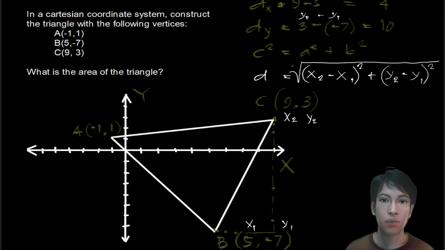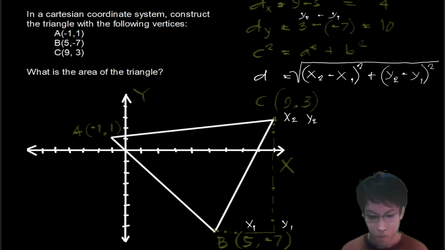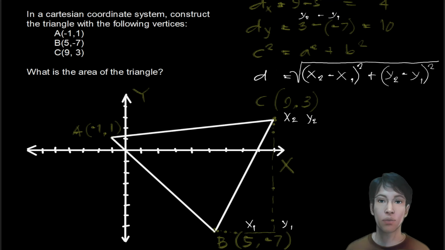The distance formula is derived from the Pythagorean theorem. Now, in getting the area of the triangle, why did we go over here? Because we need to get the sides, or the lengths, AC, AB, and then BC. And to get the distance, we'll be using the distance formula.